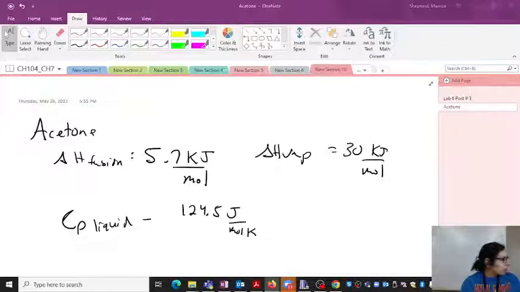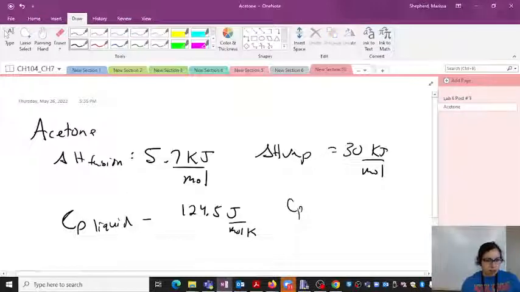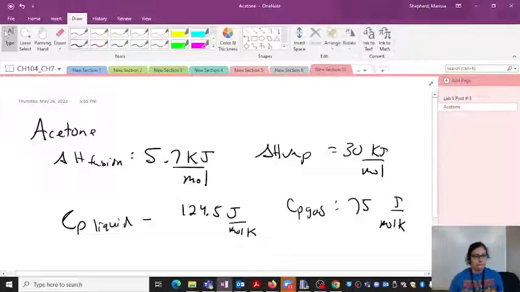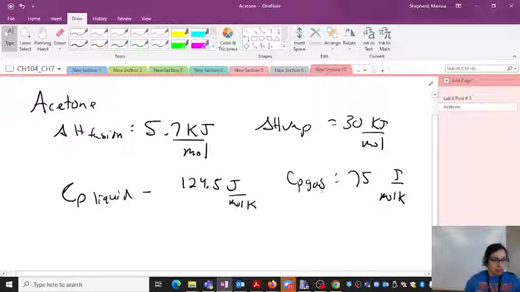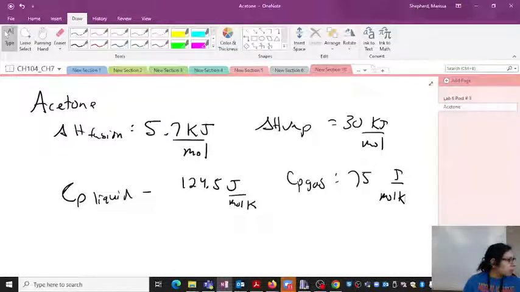I was hoping for solid heat capacity, but I guess not. And so we'll do gas heat capacity, which is apparently 75 joules per mole Kelvin. And sorry, you need a lot of information to do these problems.